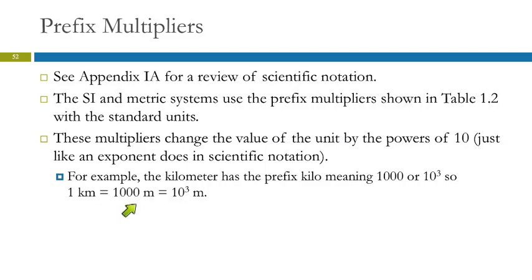Kilo means 1,000 or 10 to the third meters. So let's do a different one. What about 1 megagram? Well, mega means 10 to the 6th. So that's 1 times 10 to the 6th grams.